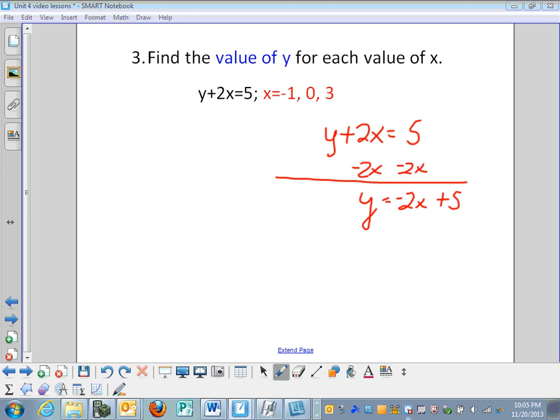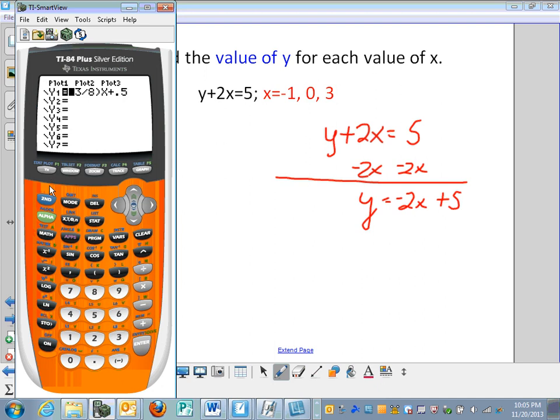So go to my handy dandy calculator. Negative 2x plus 5. Trace. Type in negative 1. When x is negative 1, y is 7.